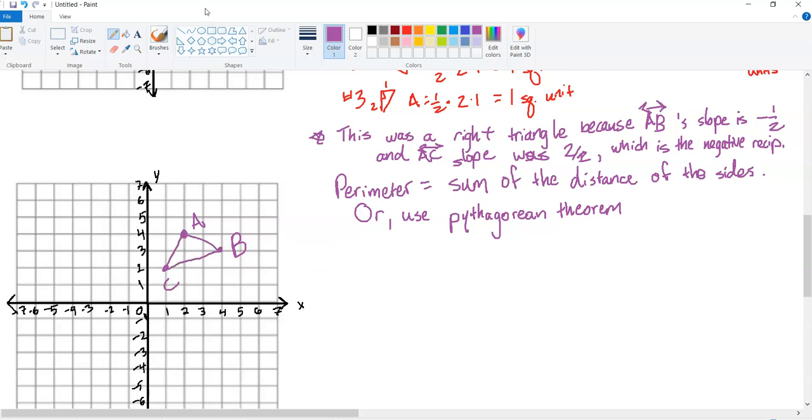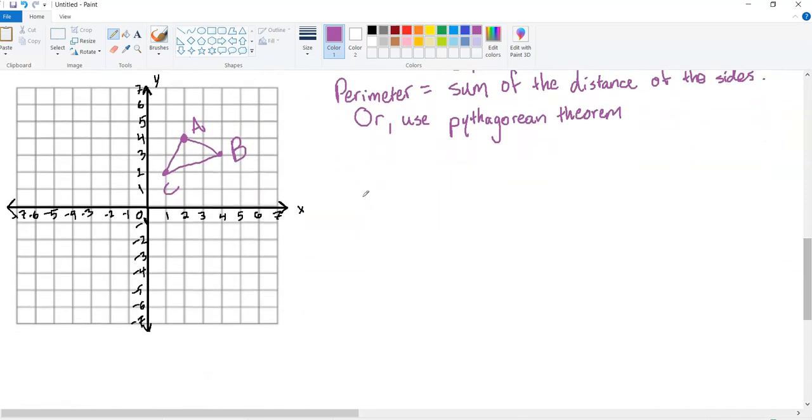So to do perimeter, I'm going to use the distance formula for each of the sides. So I would do side AB. In just a minute, I'll be done with my video. So for side AB, I would do the square root of y2 minus y1 squared, and I would show my work, plus x2 minus x1 squared.